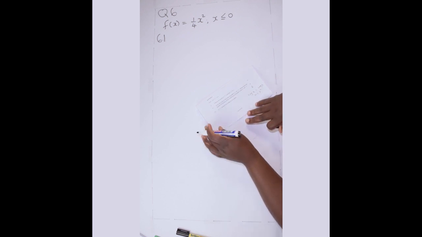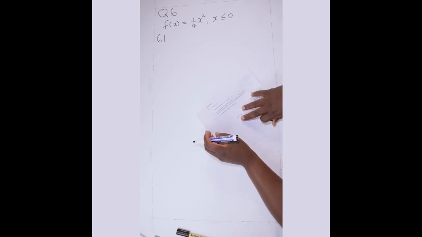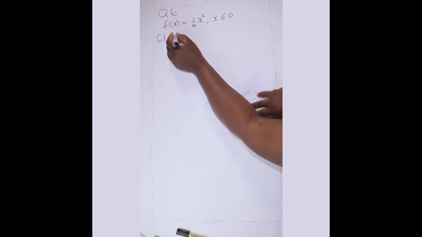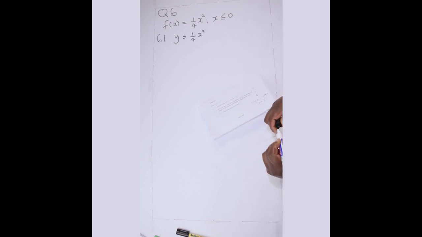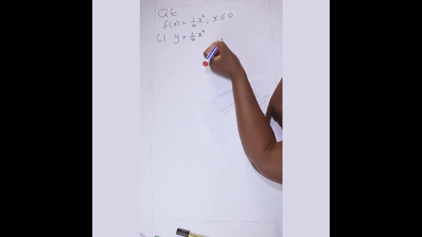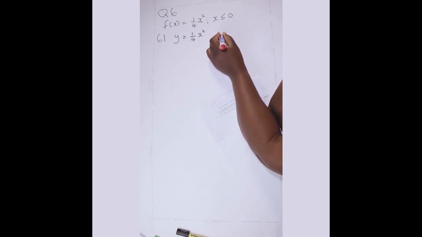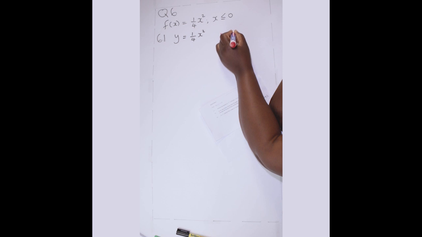Folks, bear in mind that when they give you a format, you must write it as such. Now, how do we find the equation of an inverse from a parabolic point of view? Remember, f of x represents y. So rewrite your statement as y equals 1 divided by 4x squared. And write the interchanging statement, or in your mind, remember that for you to do the inverse, you must make the y value the x value, and the x value the y value.